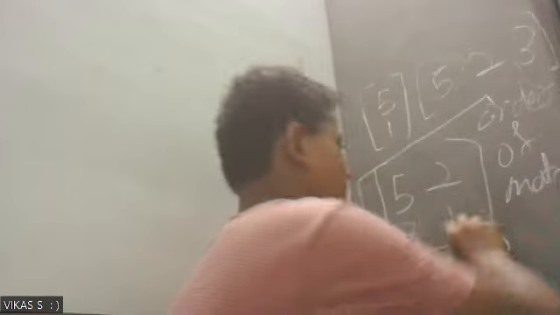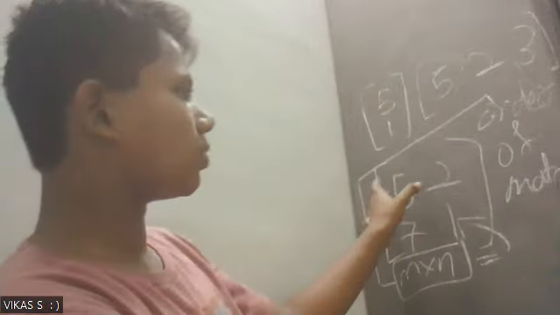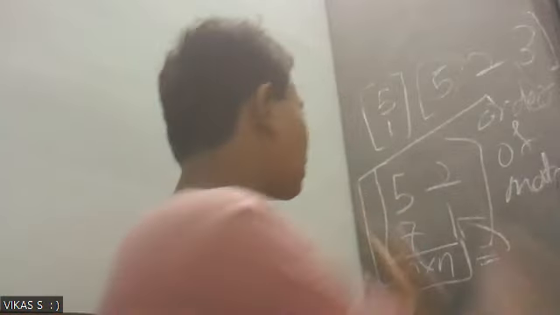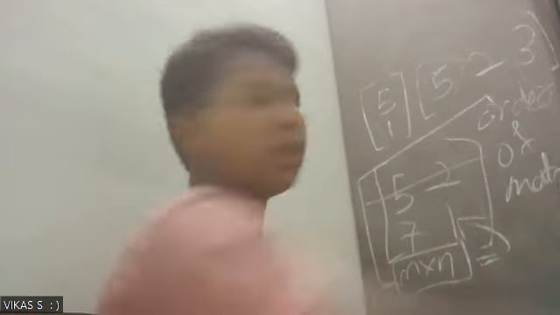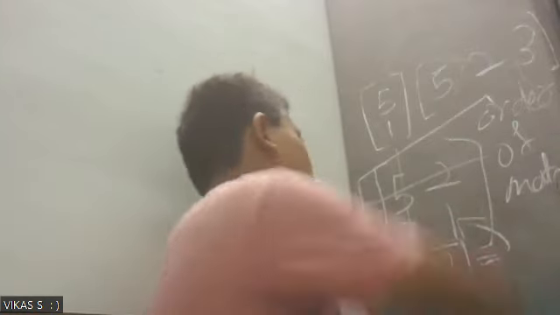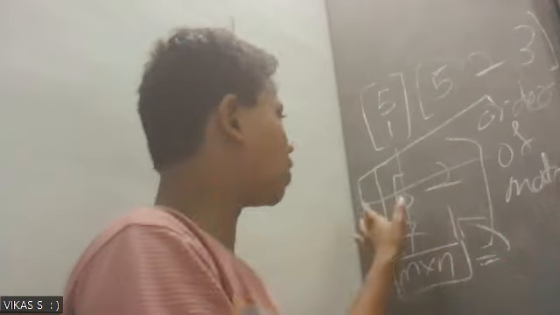We all know that the line going down is known as a column, and the line going across is known as a row.